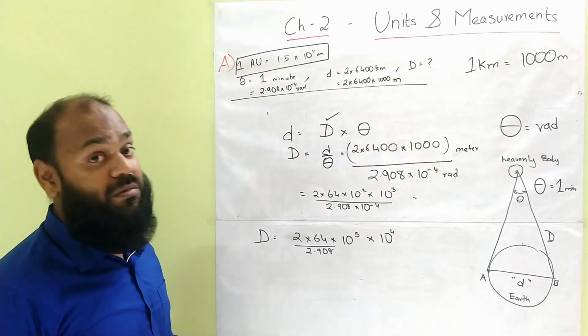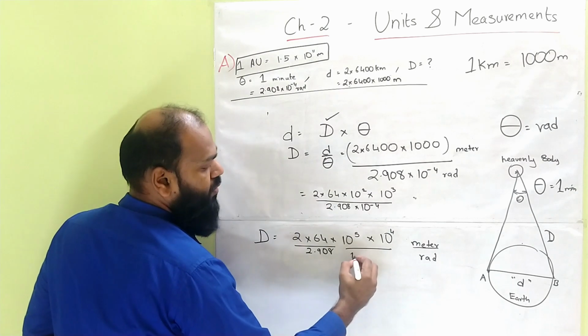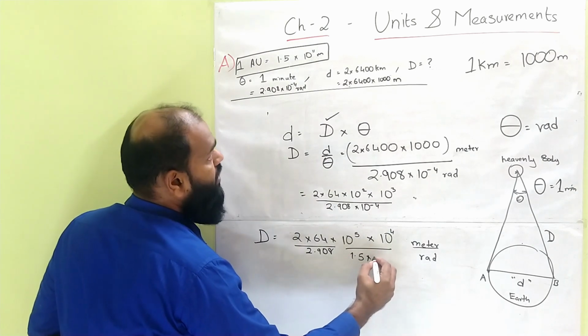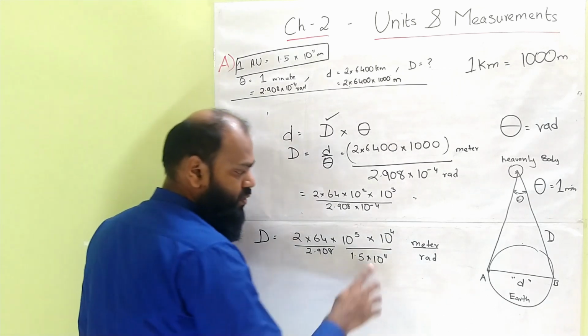We need to find the distance in angstrom units, so I'm dividing this whole number by 1.5 × 10^11.